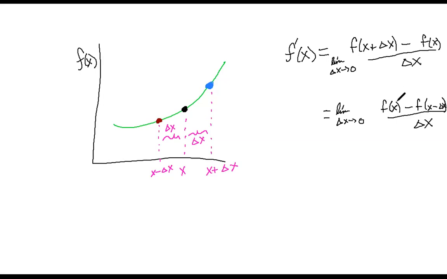In the other definition, I take the original function value minus f of x a little bit farther back behind. But when you take the limit as delta x goes to 0, it doesn't matter, because both of them are computing the slope of the tangent line. They all become exact in the limit, and they're all calculating the slope at the point in the middle, which we're calling x.